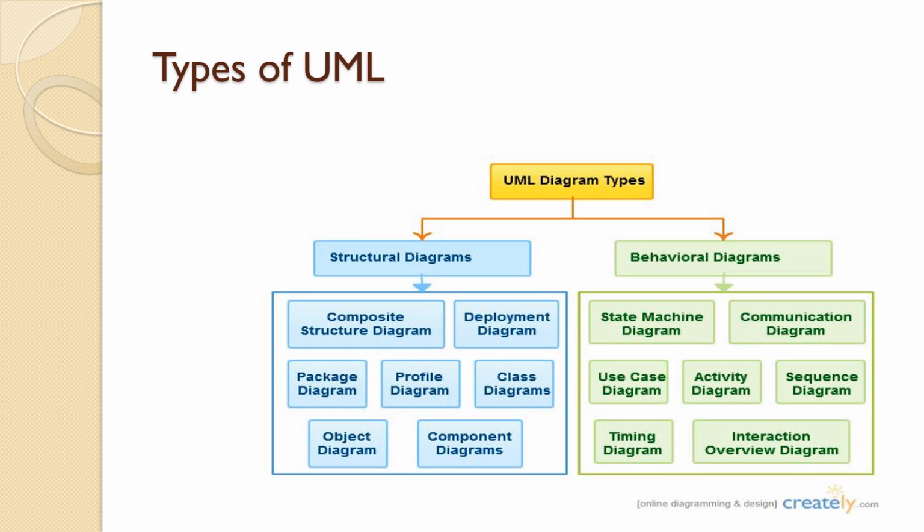These are our structural diagrams. Behavior diagrams focus on the dynamic aspect of systems, such as the interactions and activities. The types of behavior diagrams are use case diagrams, sequence diagrams, activity diagrams, state machine diagrams, and communication diagrams.